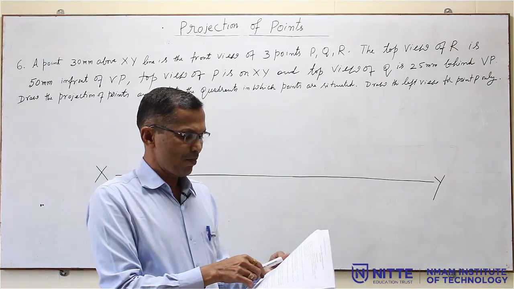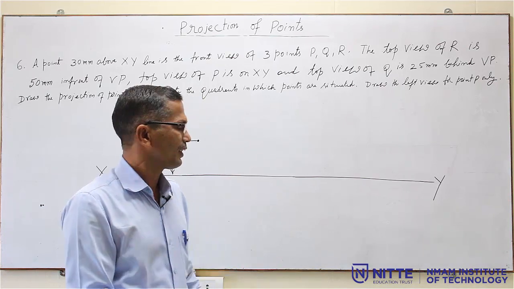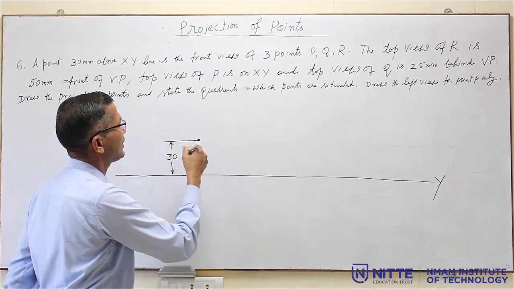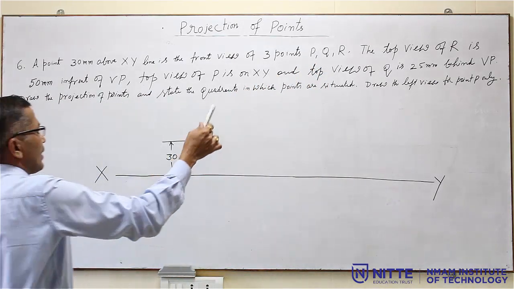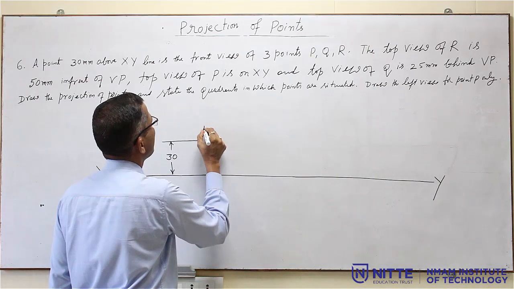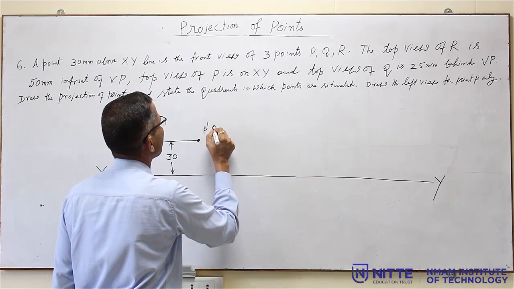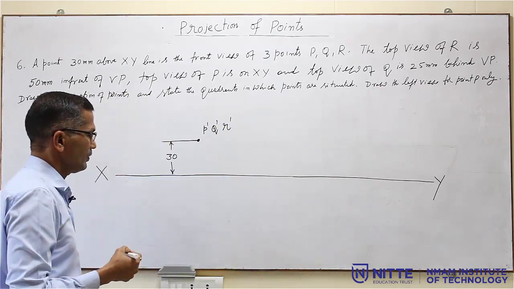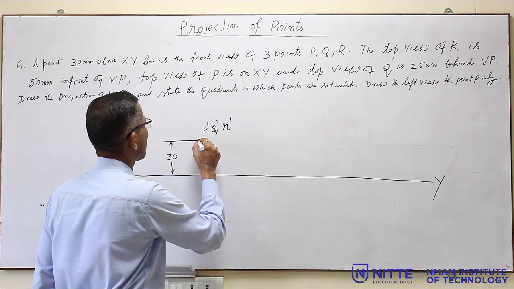A point 30 mm above xy line is the front view of 3 points P, Q, R. That means this is the front view. This particular point is the front view of 3 points P, Q and R. That means the name of this is P dash, Q dash and R dash. So, this single point represents the front views of 3 points.